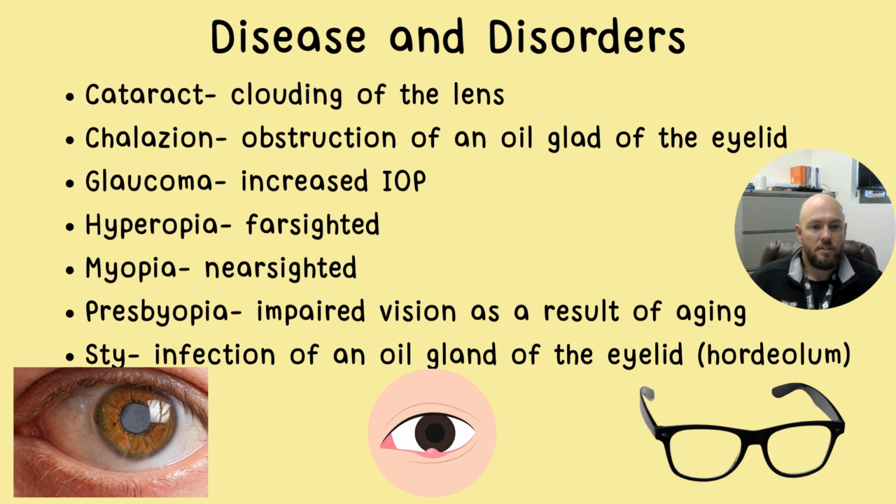Hyperopia is farsightedness. Myopia, nearsightedness. Presbyopia is impaired vision as a result of aging, so just bad vision as you get older. And stye is an infection of the oil gland of the eyelid, also called a hordeolum. There are definitely more disease and disorder terms to be reviewed in the chapter, so read the book.